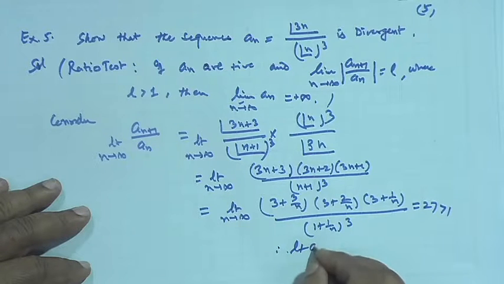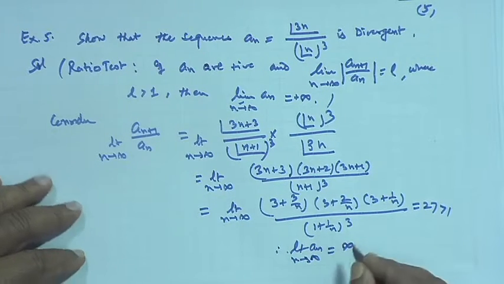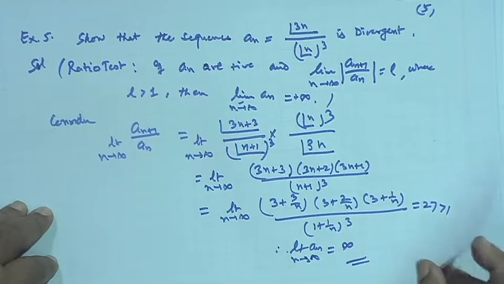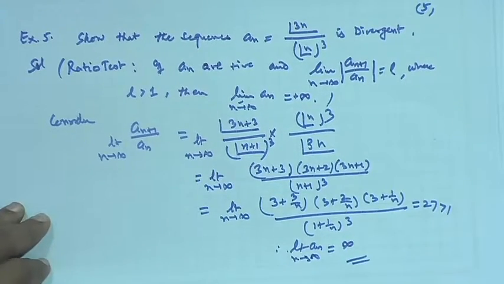Therefore, the limit of a_n as n tends to infinity is infinity. So, this is also an interesting result.